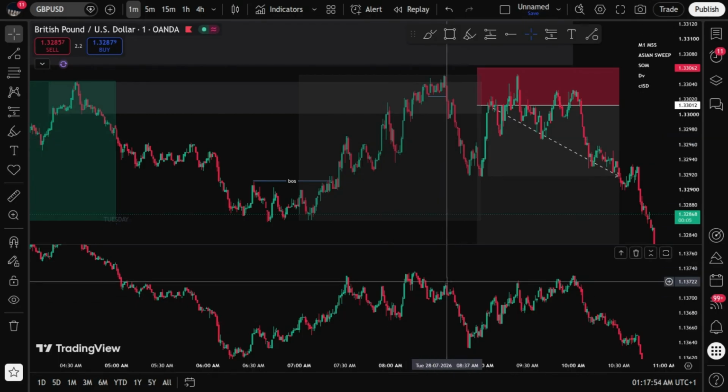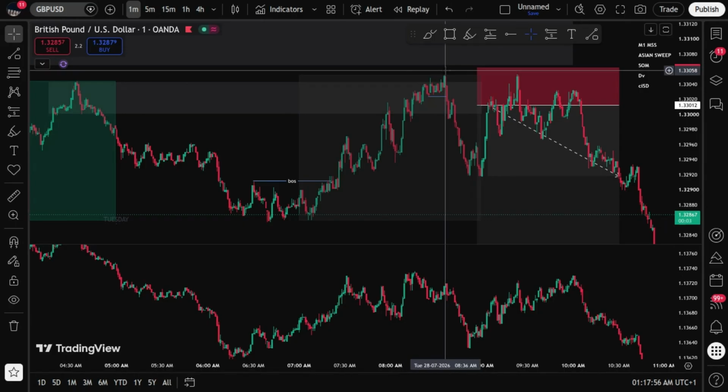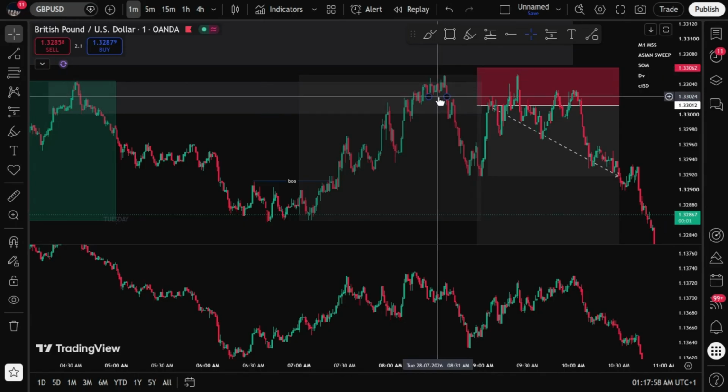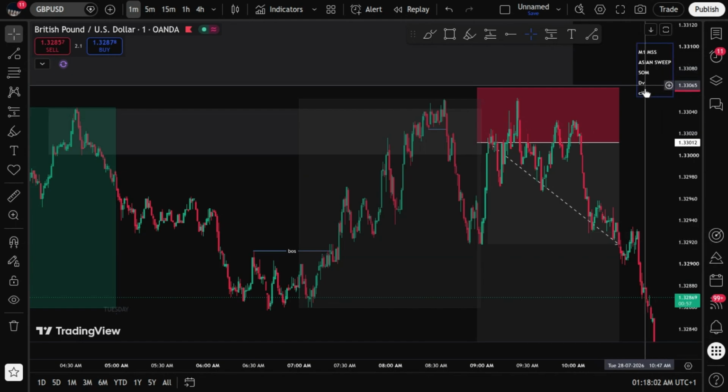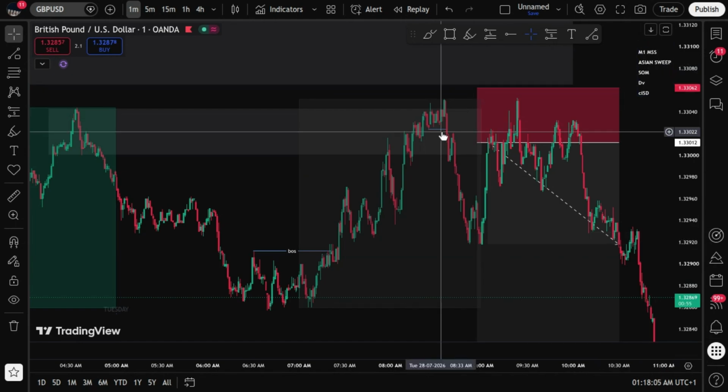So this is a lower high and this is a higher high. That is a divergence already. Since divergence is out of the way, I look for a change in state of delivery. This was the break. A change in state of delivery is basically a change of direction, change of movement, change of momentum. And yeah, that was a change in state of delivery.